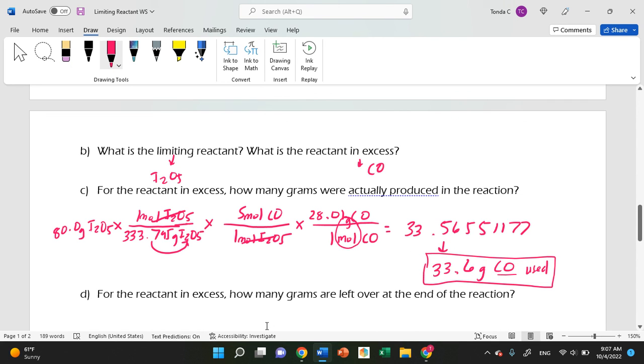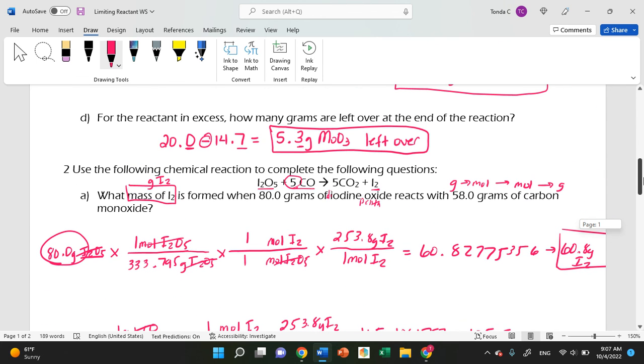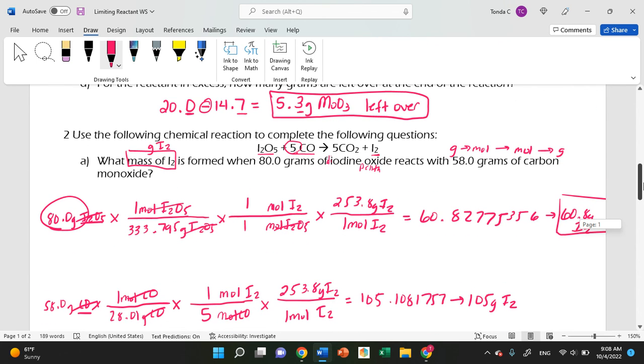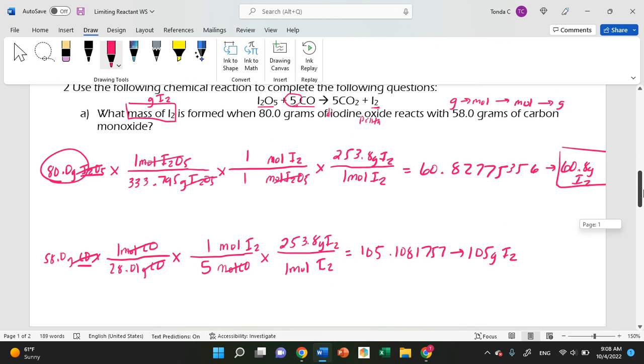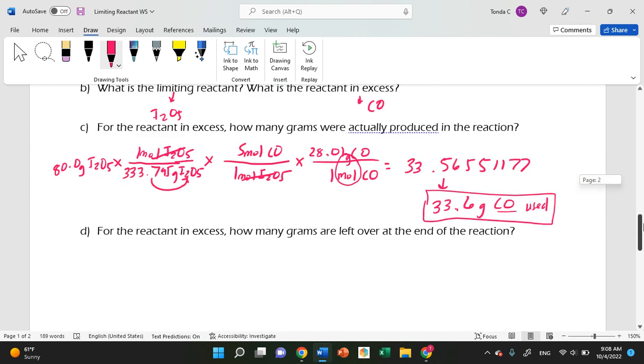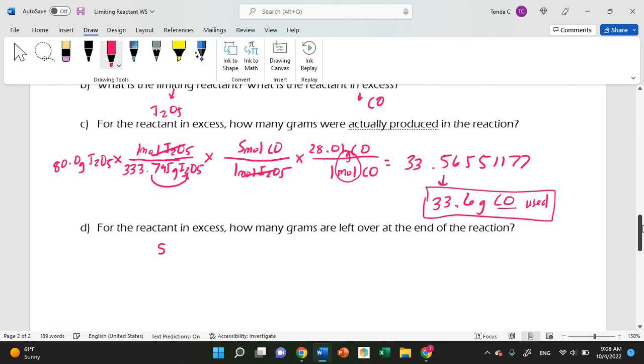For the last step, we want to find out how much was left over. Again, you need to know what you started with and how much was used. So if I look at carbon monoxide in the beginning, we started with 58 grams of carbon monoxide. So here I have 58 grams of carbon monoxide. Oh, and let's actually rewrite that as 58.0, so I keep track of my sig figs.